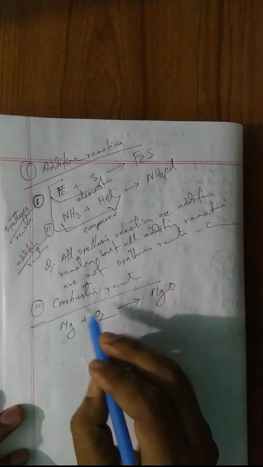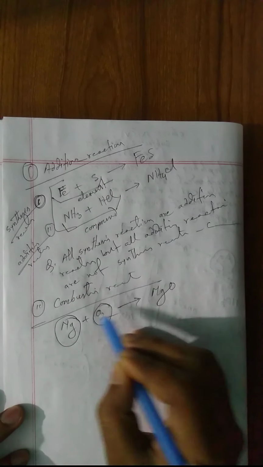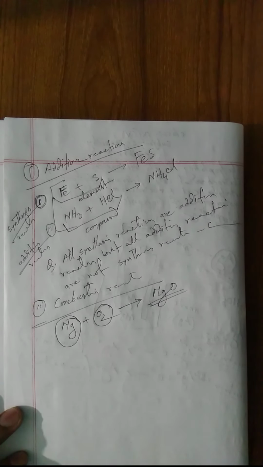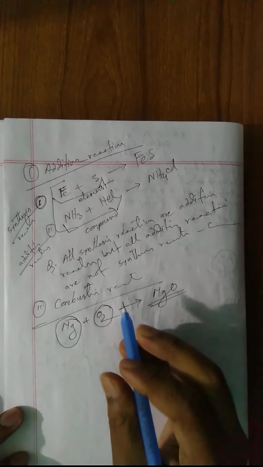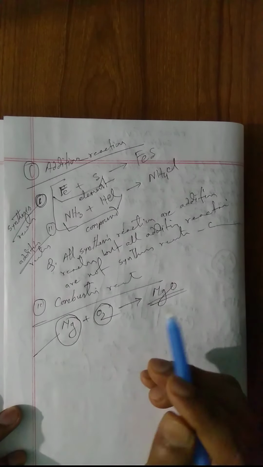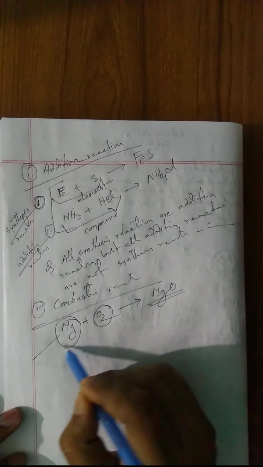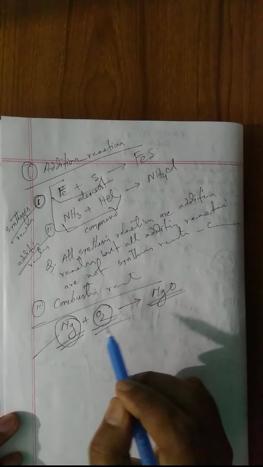For example, magnesium reacts with oxygen and produces magnesium oxide, and that is why it is a combustion reaction. This is also a synthesis reaction because magnesium and oxygen both are elements.